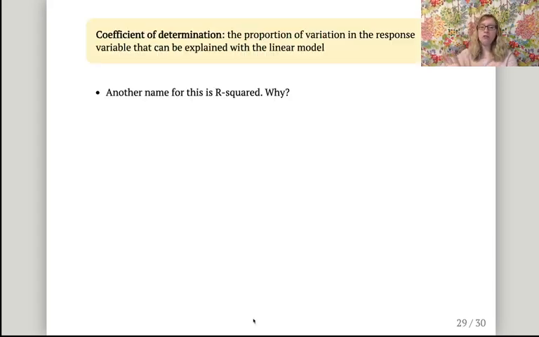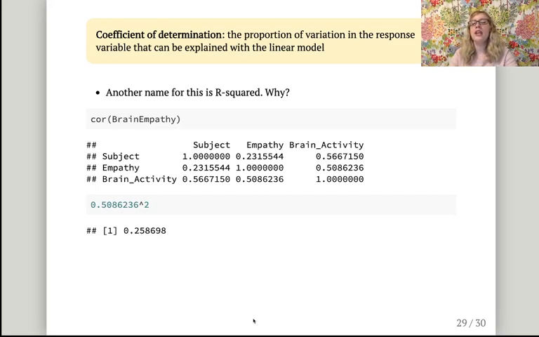Now, R refers to this coefficient of determination as r squared, and there's kind of a fun reason for why this is happening. We used the letter R to represent the correlation previously. Now, the correlation between empathy and brain activity is 0.5086.